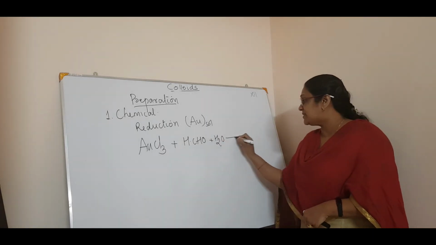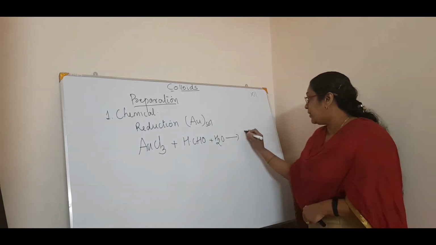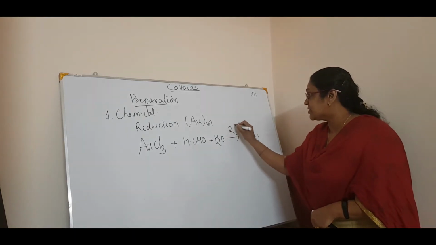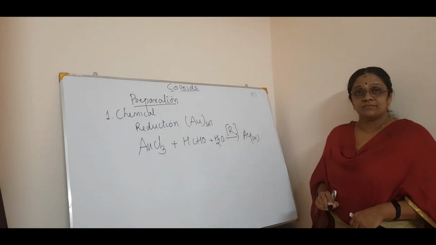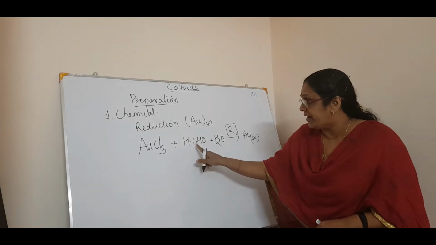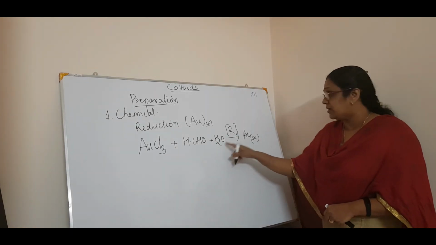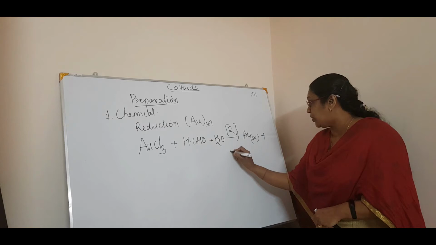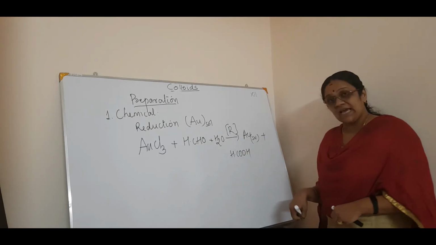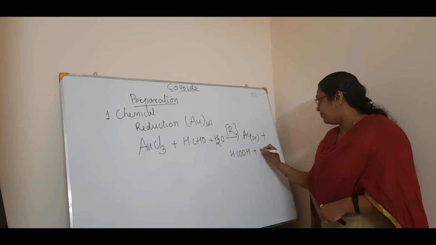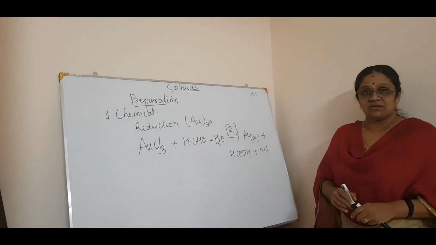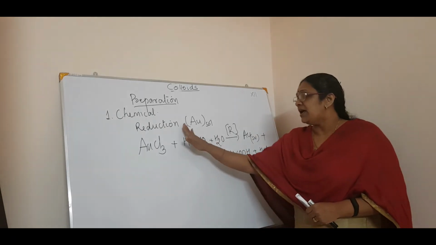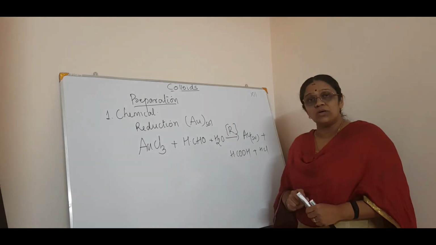Just balance it. On reduction, you will get gold, Au. The formaldehyde is the reducing agent, so it itself gets oxidized. It will form formic acid, or methanoic acid, plus HCl. See, this is the reaction. If you find it difficult, just write it down and study, then you will be clear. So this is about the reduction process of preparing gold sol.